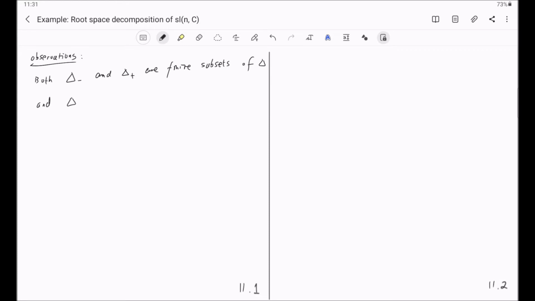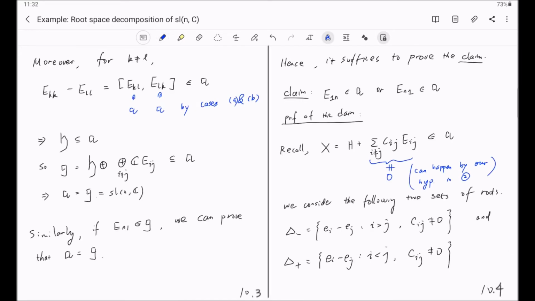Using notation, we can write this as delta negative union delta plus is non-empty. This part follows from the fact that x is not in H. And as a result, there must be at least one C sub ij that is non-zero, which will make the corresponding delta negative or delta plus to be non-empty.